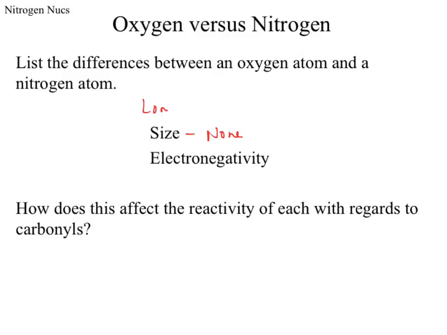One thing we could include on top would be lone pairs or electron availability. We'll say equals electron availability. Do they both have available electrons? Availability. Sorry. Yes, they do. Nitrogen has a lone pair. Oxygen has two lone pairs. They both have electron availability.